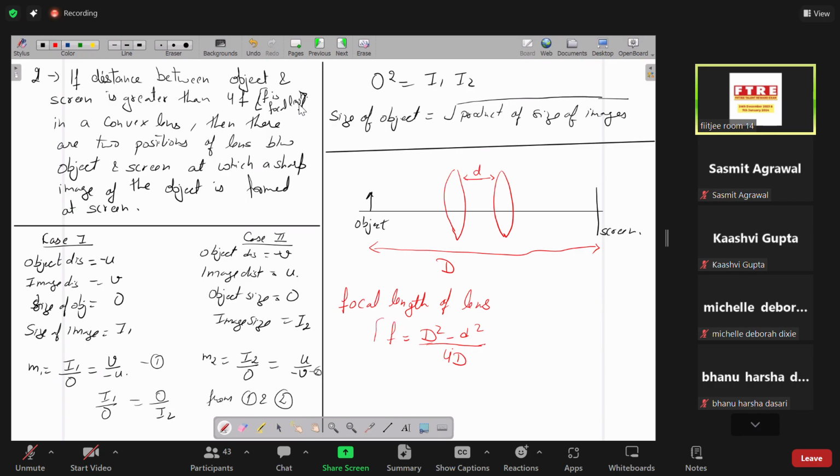You can remember this formula to find the focal length of the lens using the UV method, where capital D is the separation between the object and the screen, and small d is the small distance through which we shift the lens so as to obtain the image of the object on the screen again.